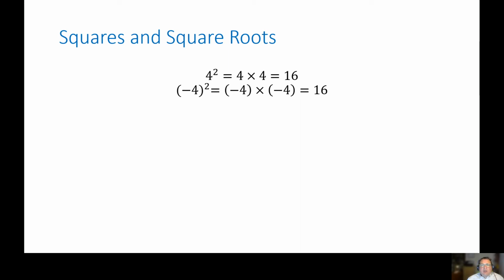Negative 4 squared, and here we arrive at one of the very frequent mistakes students make in class tests. Negative 4 squared is definitely a positive number. It's a negative number multiplied by a negative number. Negative 4 multiplied by negative 4.